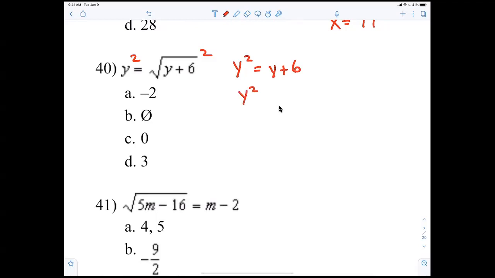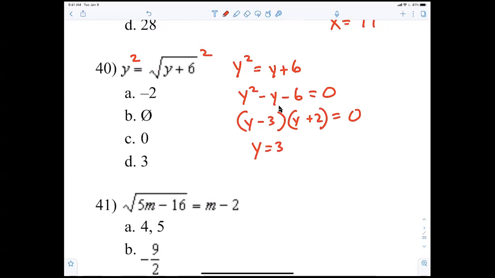So y squared minus y minus 6 equals 0. Now you go to factor. y minus 3, y plus 2. So now y equals 3 or y equals negative 2.